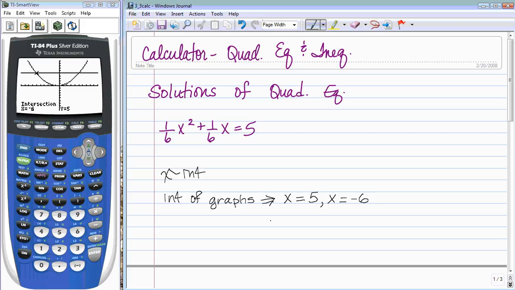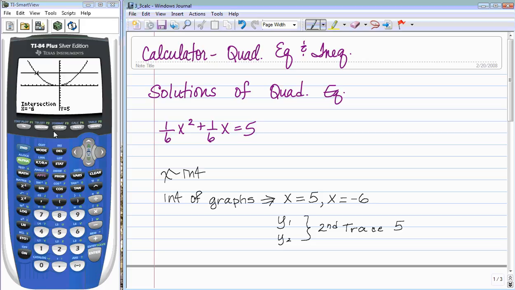Okay, so that was where we did one equation into y1, the other equation into y2, and then we did second, trace, five.